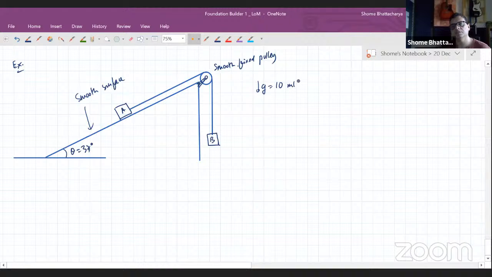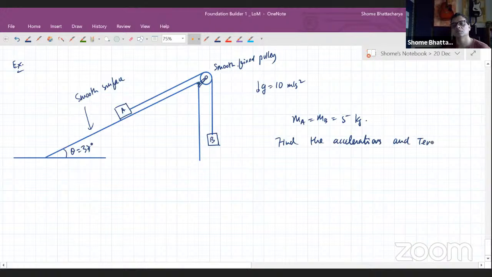And g is equal to 10 meters per second square. Now given that the mass of block A is equal to the mass of block B, equal to 5 kg, you have to find the accelerations and tension in the thread. So just try this out.